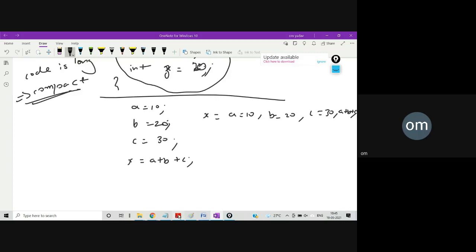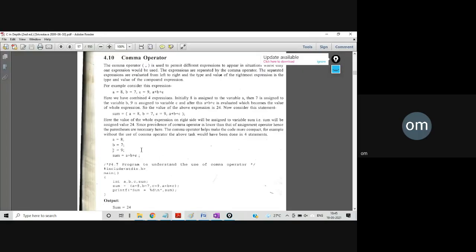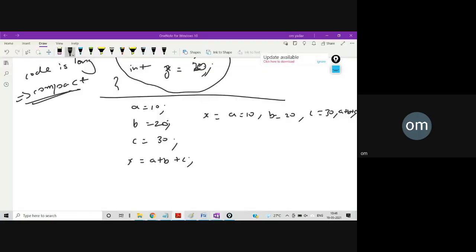This is what makes it suitable for all of you to write a number of lines in one single line. You will have to put the bracket also, because the bracket is important depending on the precedence. So you can write all these four lines in one single line.